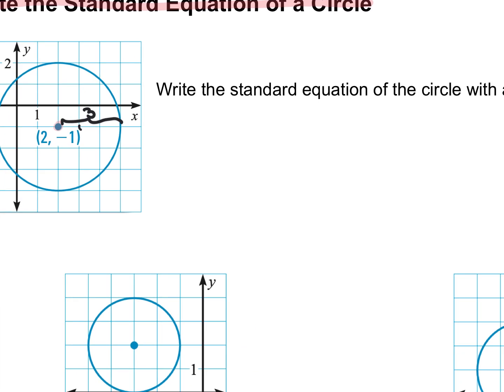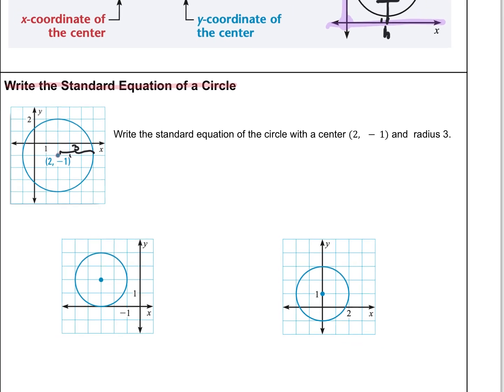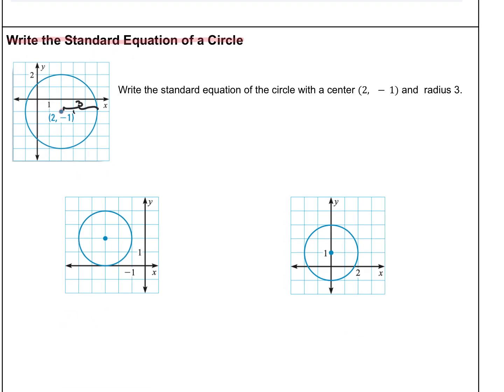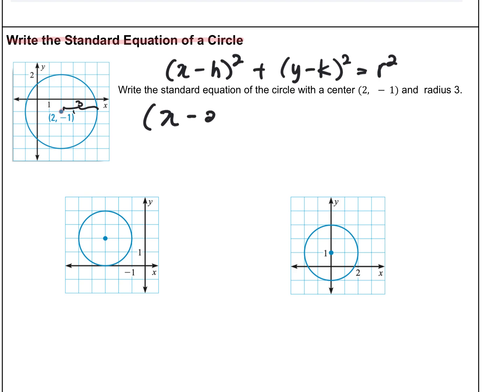So let's write the standard equation of a circle with the center (2, -1) and radius 3. The standard equation is (x - h) squared plus (y - k) squared is equal to r squared. Here, we copy the x. Our h is 2, plus our y is the same, and k is -1, so y minus negative 1 squared is equal to the radius 3 squared.